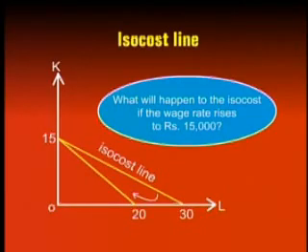As you can see, the intersection point on the horizontal axis will change from 30 to 20 because the firm can now hire less labor from the 300,000 that it has as its budget. Now, my friends, any guesses as to what the slope of the isocost line will be? You know that it is constant because it's a straight line, and a straight line has a constant slope.